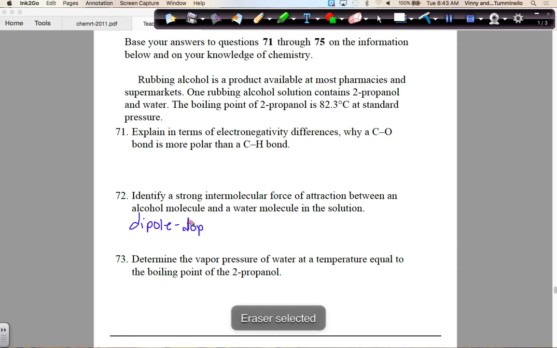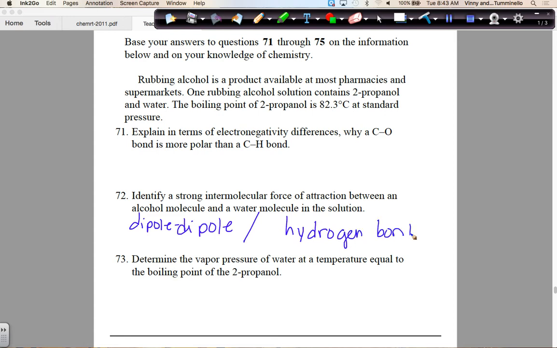And I can't spell, but that's one of the types of forces it can make between the molecules of alcohol and the water, because water is also polar. Alcohol also has an oxygen connected to a hydrogen, which means that alcohol and water can make hydrogen bonds with each other as well.